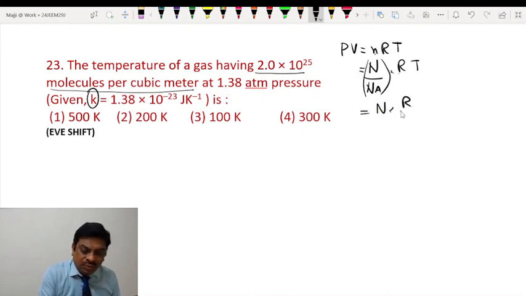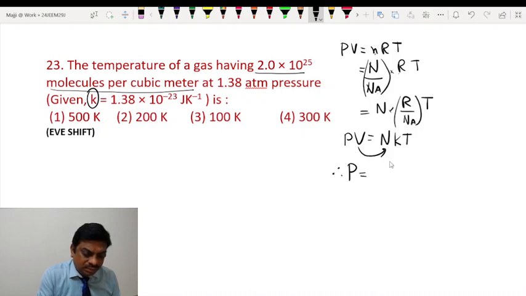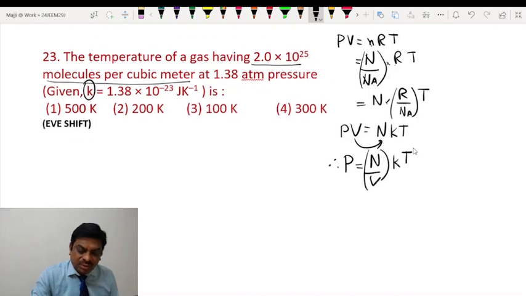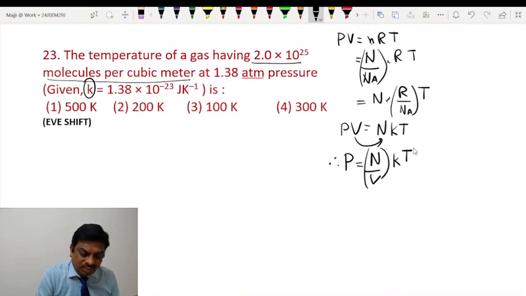Universal gas constant upon Avogadro's number is Boltzmann constant. So I have this. If I bring V below this, I will have pressure is equal to N by V, that is the number density of molecules. Okay students, number density of molecules.